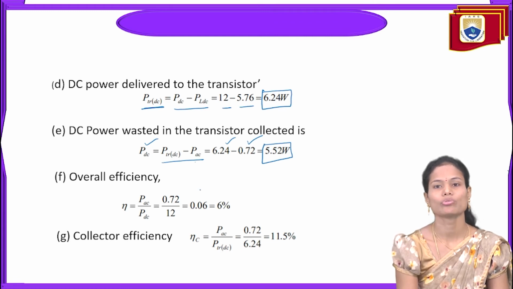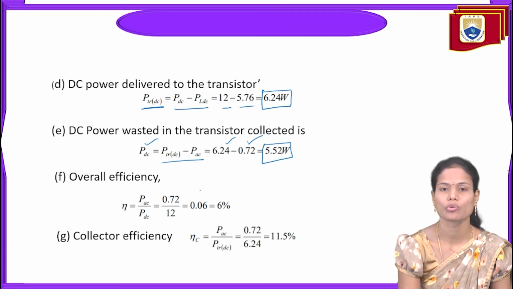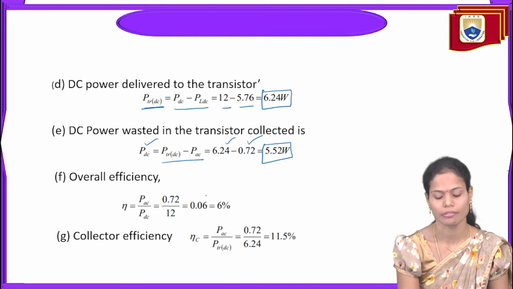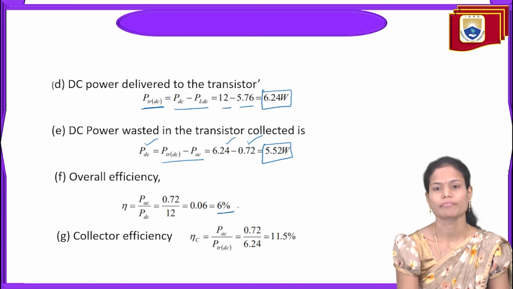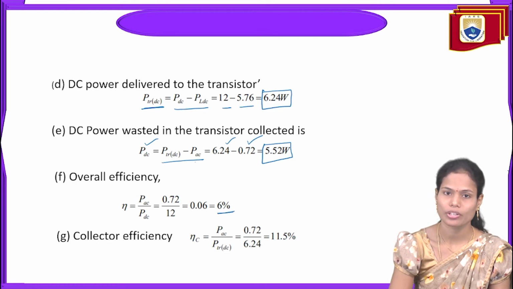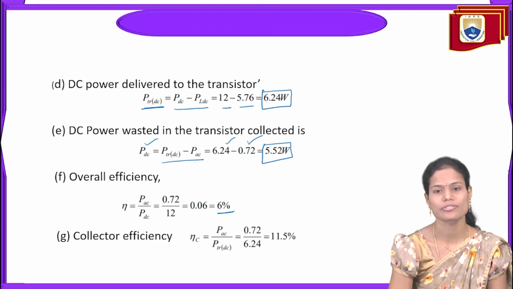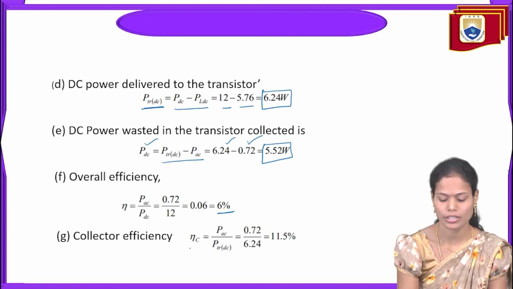And next, to find the overall efficiency, that is AC output power by DC input power, PAC by PDC into 100. So we will get it as 6%. And next, the efficiency across the transistor collector, that we are indicating with eta C here.